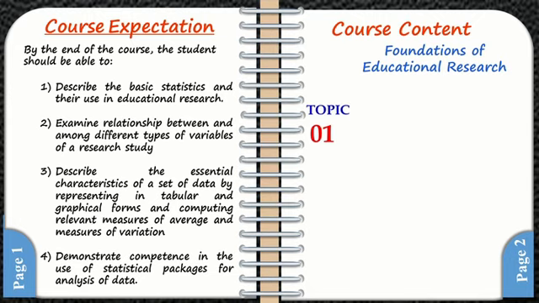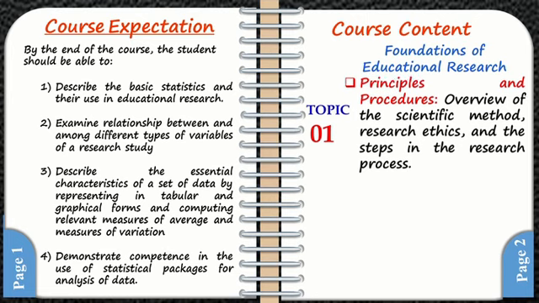In this topic, we have 2 subtopics. The first one is principles and procedures in educational research. This one will give us an overview of scientific methods of research, research ethics, and the steps in the research process.